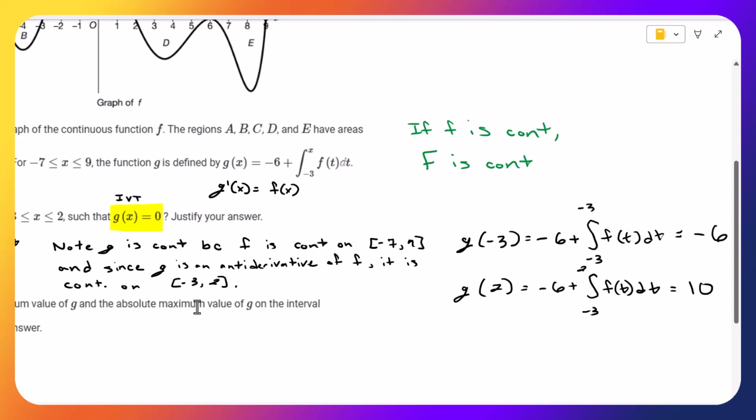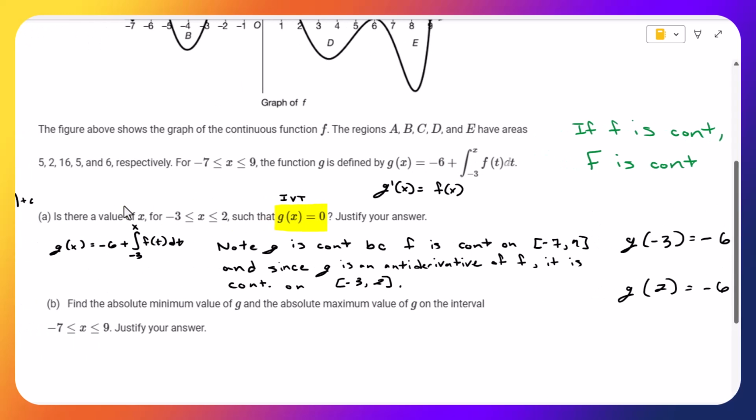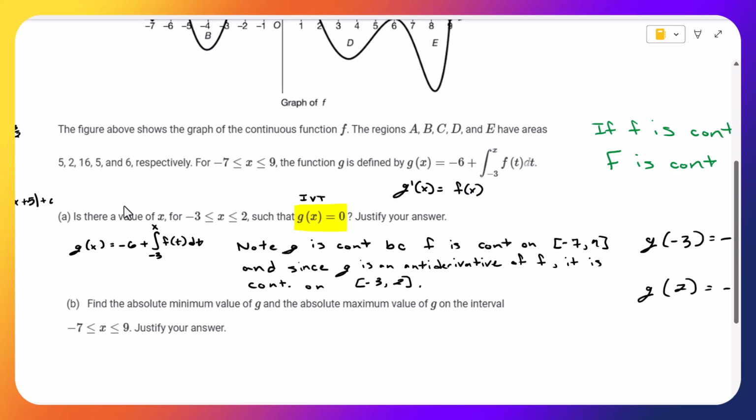I'm going to write it in a more mathy way: since g of -3 is less than 0 is less than g of 2, there is a value of x such that f of x equals 0 by IVT.